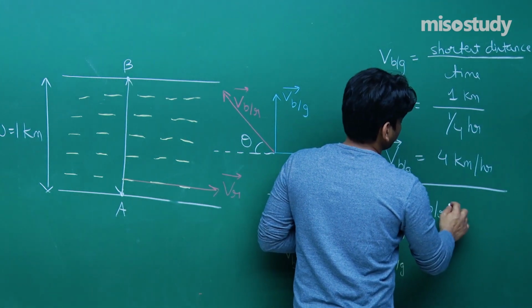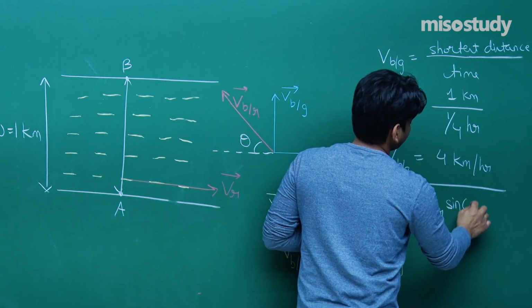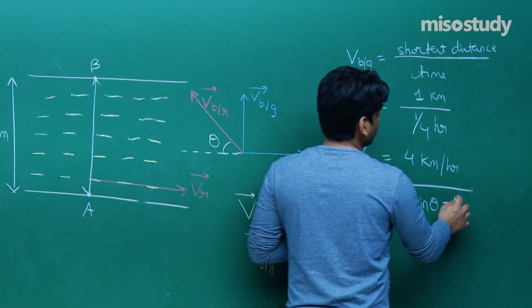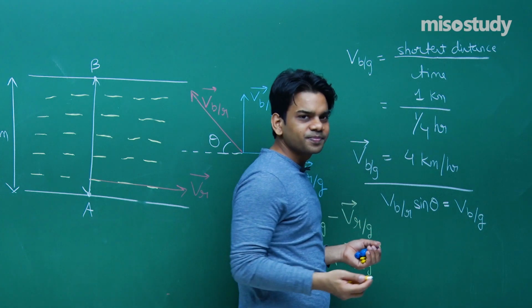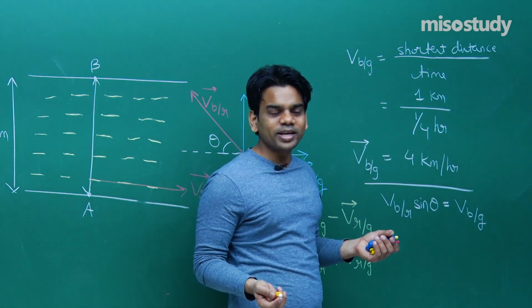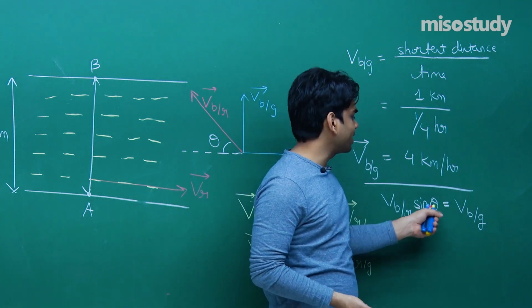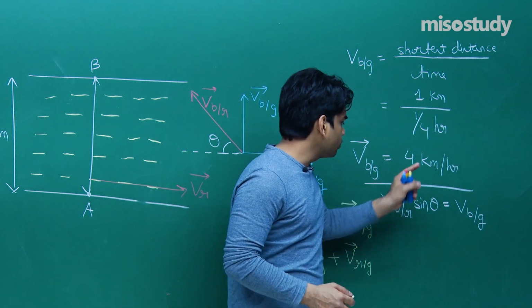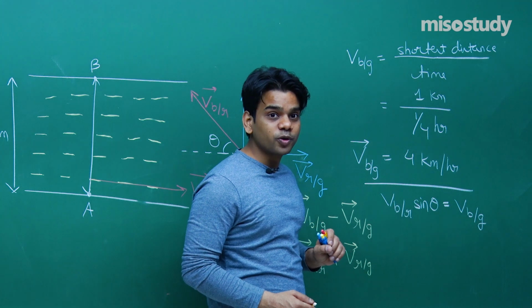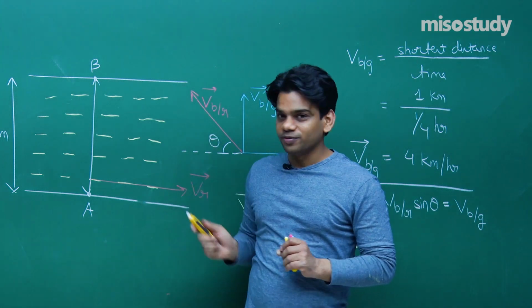Velocity of boat with respect to river sine theta will be equal to velocity of boat with respect to ground. Quite simple, quite easy. We have this value, velocity of boat with respect to river. Already it's given, that is 5.